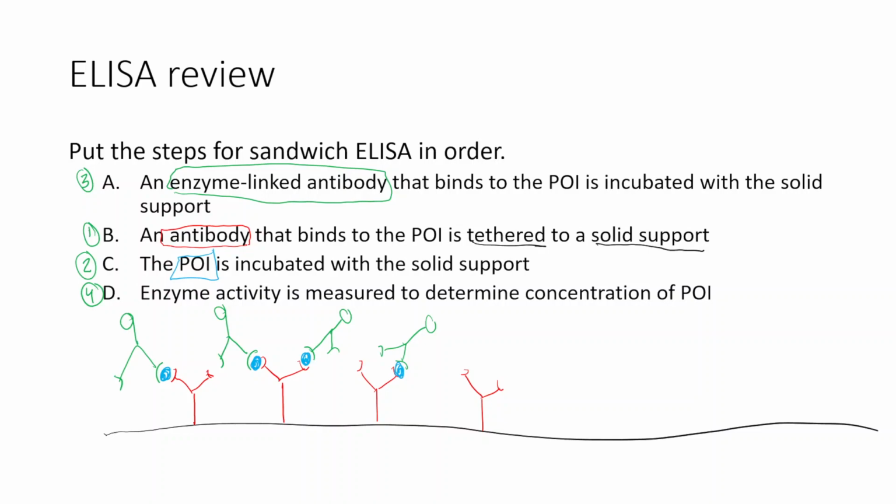So we usually measure the enzyme activity by adding a substrate, and then often that will cause a color change. So again, we want to have an excess. We'll wash away any extra, but we want to make sure all of the enzymes have plenty of substrate so they can react to cause a color change. And the more of these sandwiches that you've created, the more color change, the more intensity of color you'll observe.